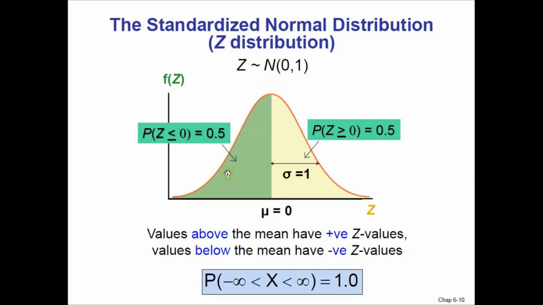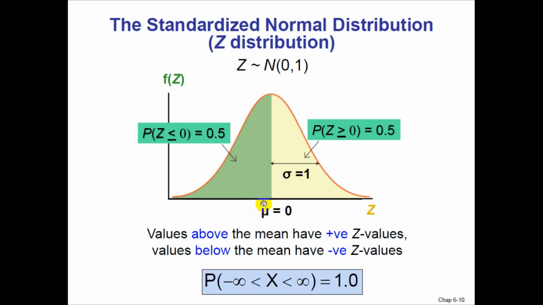In other words, if you fold it in half, the probability on the left-hand side is equal to the probability on the right-hand side. So this green region has a probability of 0.5, and this yellow region, the area under the curve, is also 0.5. Remember, the total probability is equal to 1, so when we divide it in half, that means 0.5 on each side.